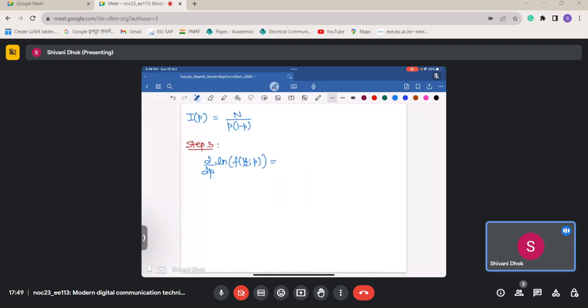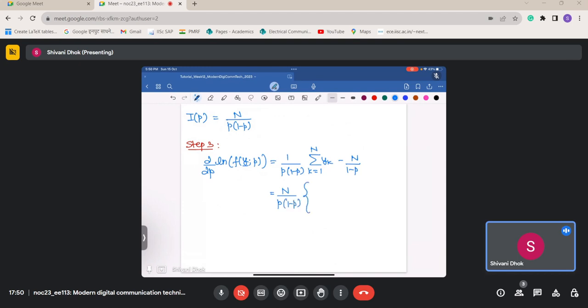So what we have here is 1 upon p into (1 minus p), summation k running from 1 to capital N yk, minus n upon (1 minus p). Now we want this term, n upon (1 minus p), outside. So we'll take n upon p into (1 minus p) outside, like common. So that will be n upon p into (1 minus p) outside the bracket.